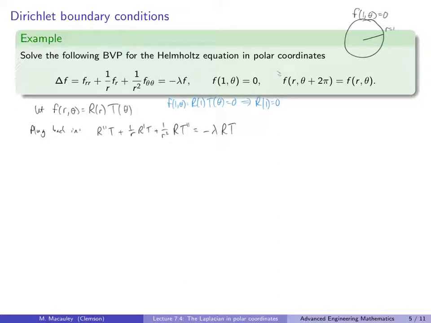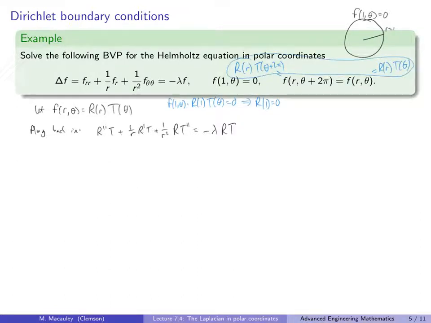So right here, f of r and theta plus 2 pi is big R of r times big T of theta plus 2 pi. And since that's equal to f of r and theta, which is equal to big R of little r times T of theta, we now have these two things are equal.